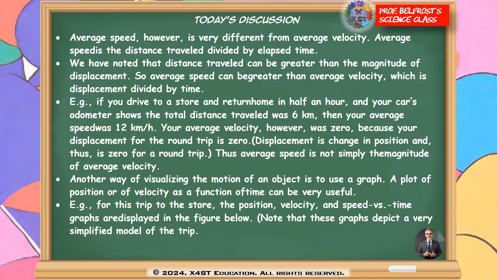But this is not the same as the average velocity, because the displacement is zero. Then simply your average velocity, I mean, is zero too.